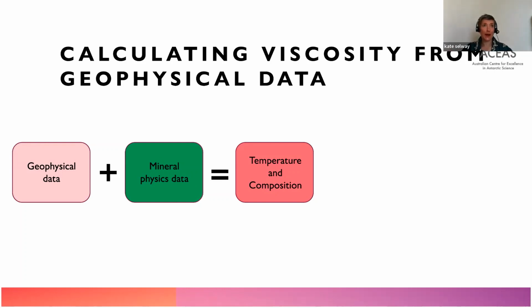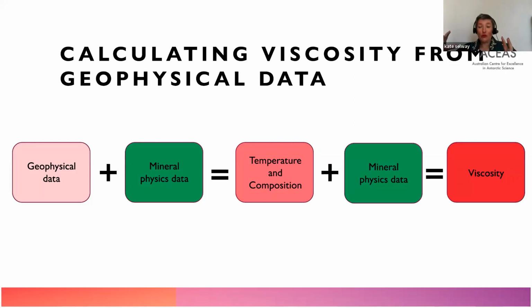This is experimentalists taking, for instance, an olivine crystal and putting it under really high pressures and temperatures like you would get deep in the Earth, and calculating what its seismic velocity is. Testing that over slightly different compositions and temperatures, to see how temperature and composition relate to, in this example, seismic velocity. So we combine our geophysical data with our mineral physics data and get an interpretation of the temperature and composition of the Earth.